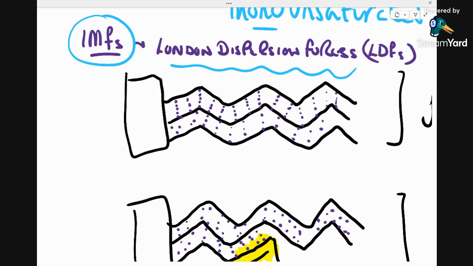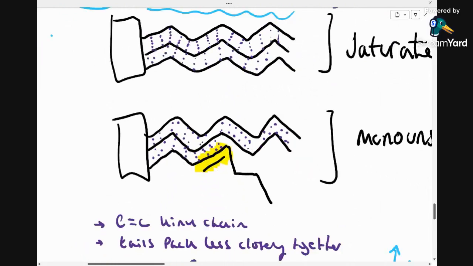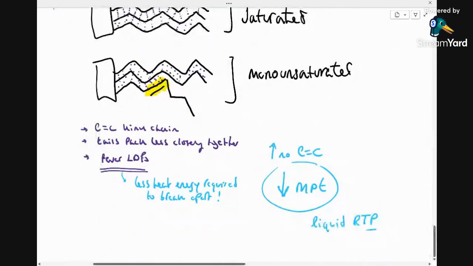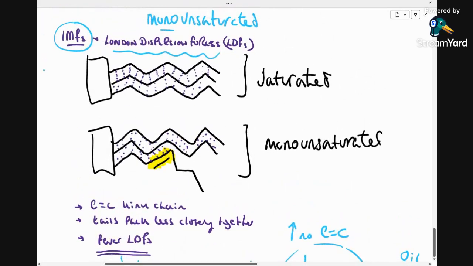So this kind of fat, this kind of lipid might be something that is fairly solid at room temperature, so something like butter, that kind of thing. Whereas the guy down here is more likely to be a liquid at room temperature. Therefore, it'll be something more like an oil, olive oil, or that kind of thing.